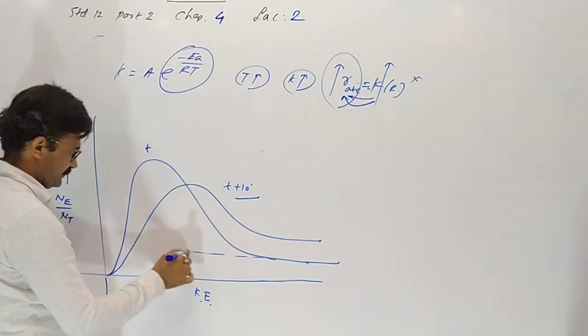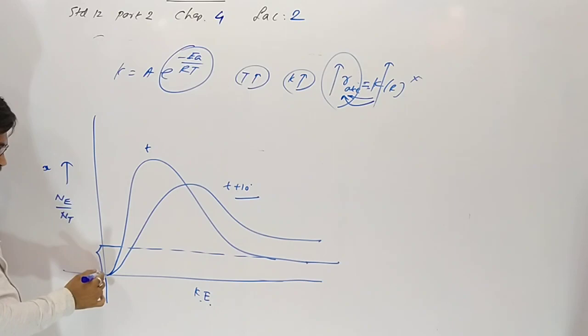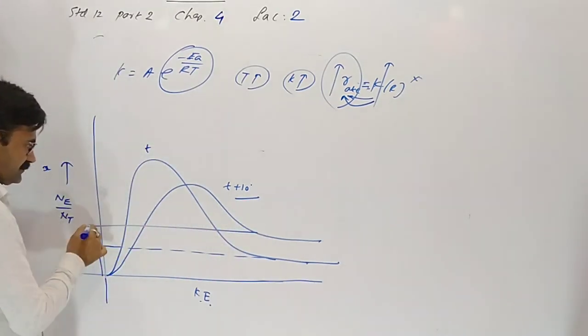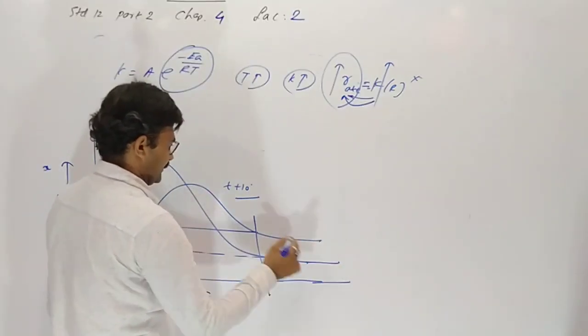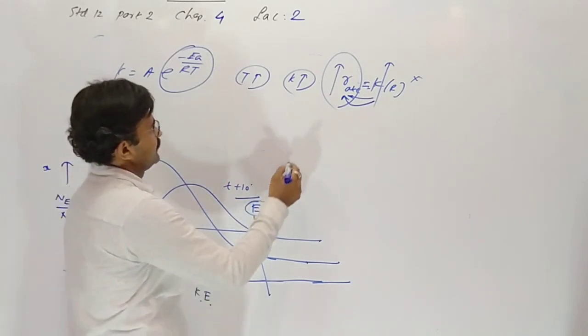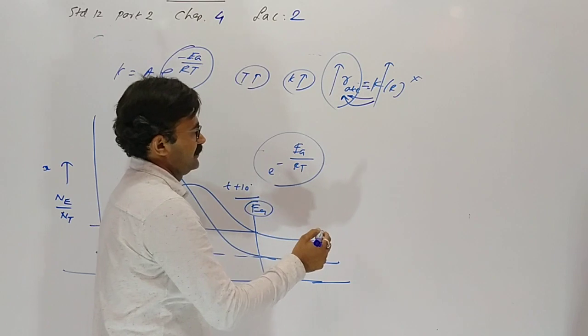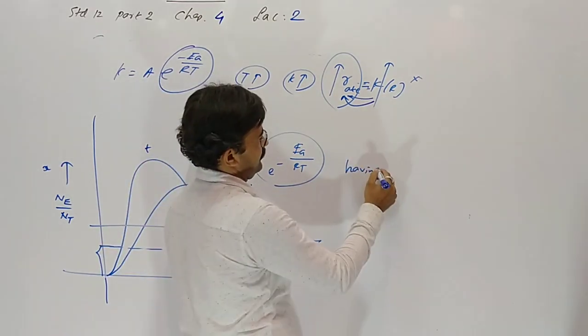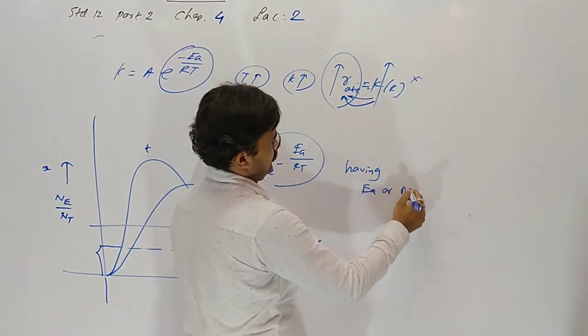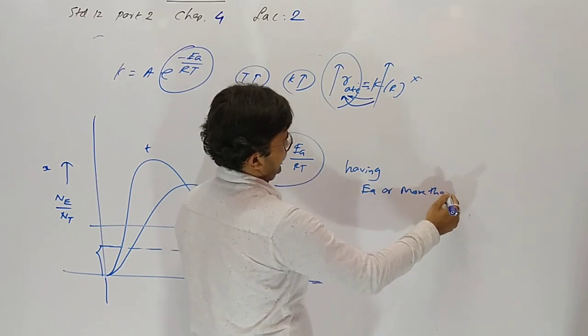You can see at T temperature the fraction is less. We know this part is Ea. This part, e raised to minus Ea upon RT, means the fraction of molecules having kinetic energy Ea or more than Ea.